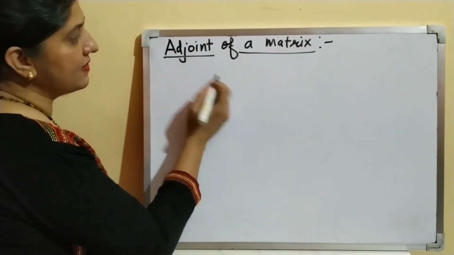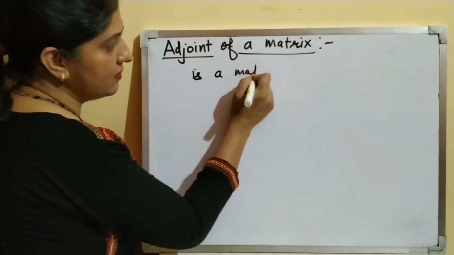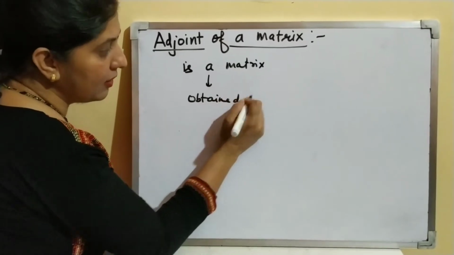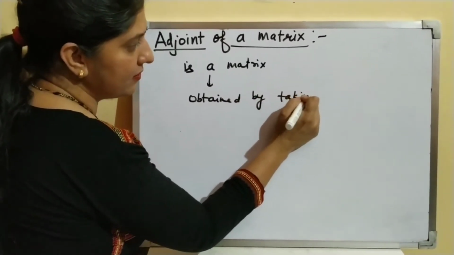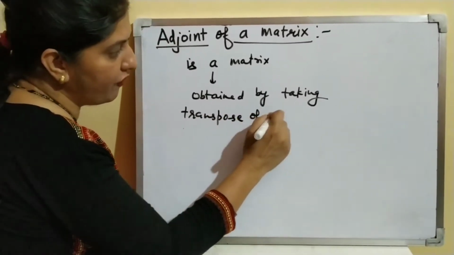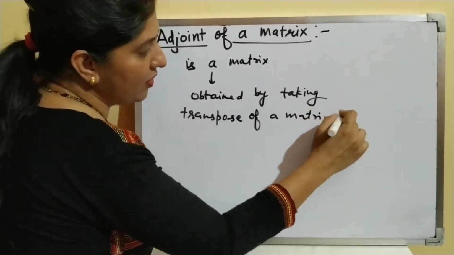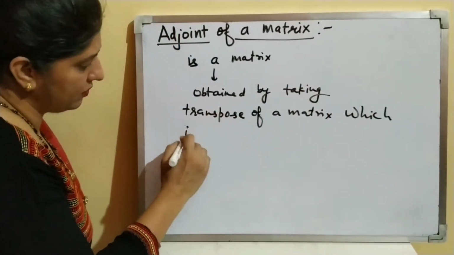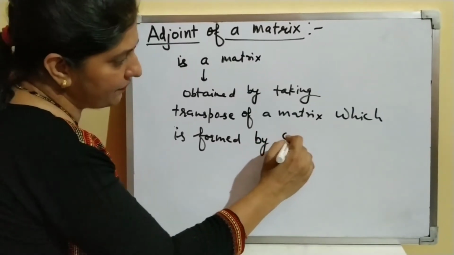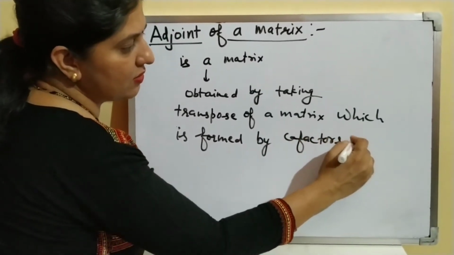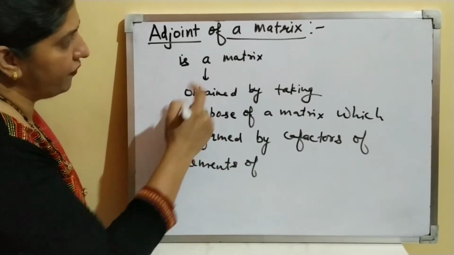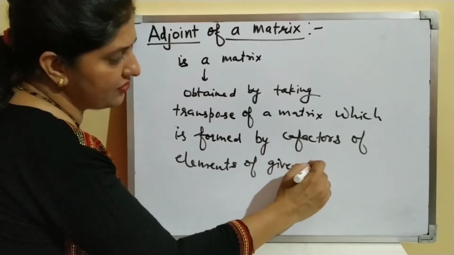Adjoint of a matrix is a matrix obtained by taking the transpose of a matrix which is formed by cofactors of elements of the given matrix.